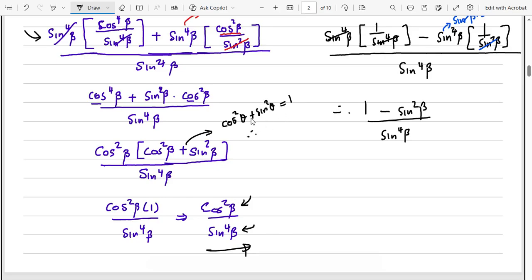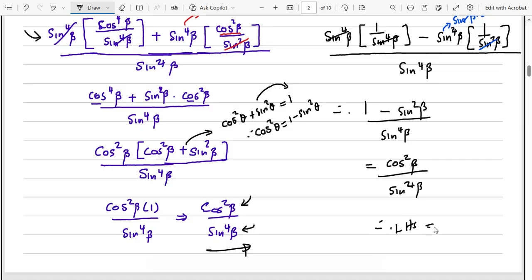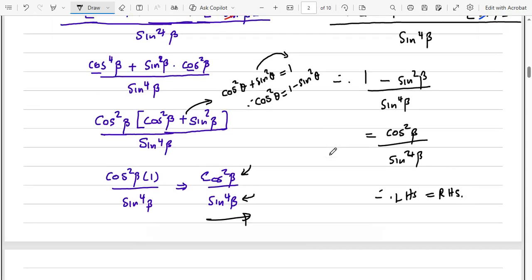So if I bring the sine squared to this side, I'll have cos squared theta equal to 1 minus sine squared theta. This tells you that where I see 1 minus sine squared beta, I can replace that by cos squared of beta over sine to the power 4 beta. Therefore, left hand side is equal to right hand side. And that's it for this one.